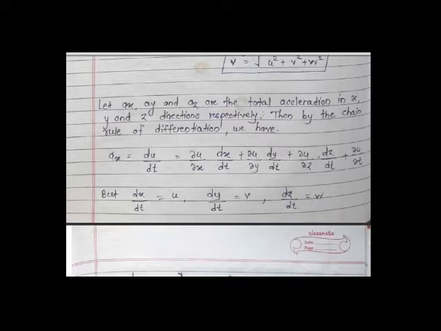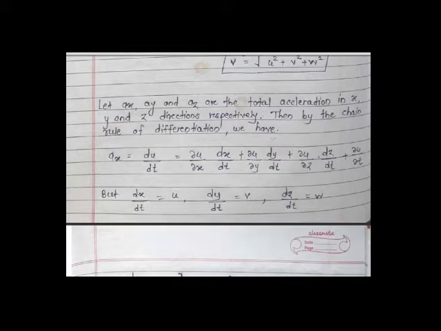So ax is the total acceleration in the x direction, ay is the total acceleration in the y direction, and az is the total acceleration in the z direction. As we know, acceleration means the rate of change of velocity with respect to time.